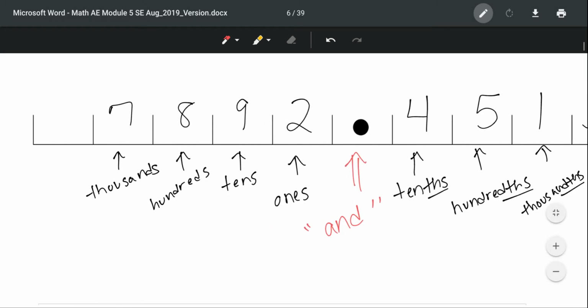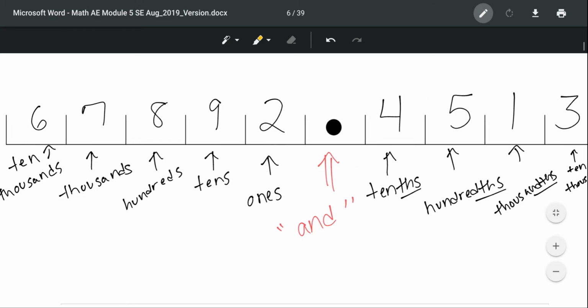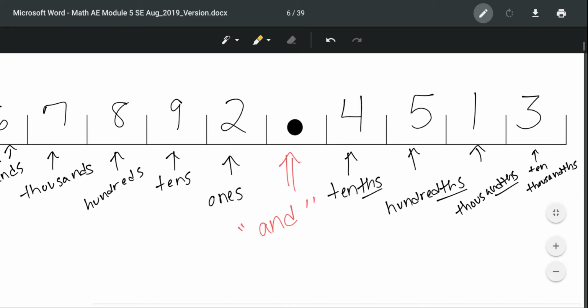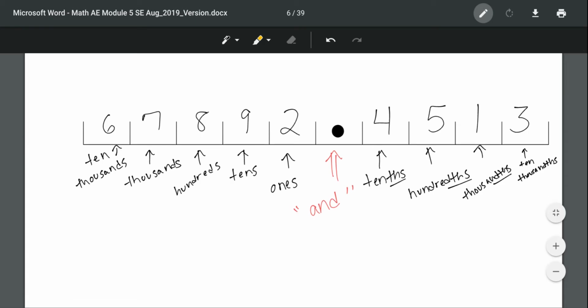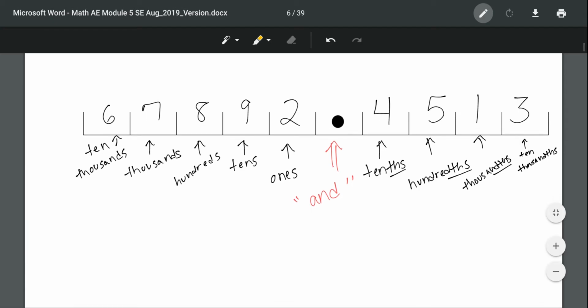So I could keep adding to my number, and I could be in the 10,000s. So this would be 67,892 and 4,513 10,000ths. That's how we'd read this number. Okay, so take a moment to write that down. Feel free to pause the video at any time.